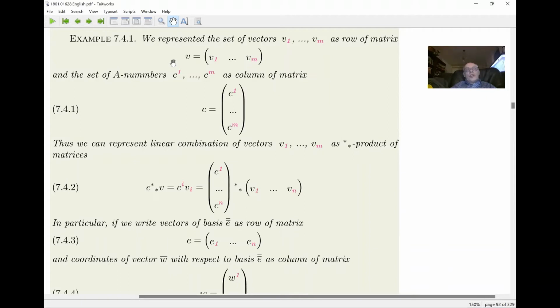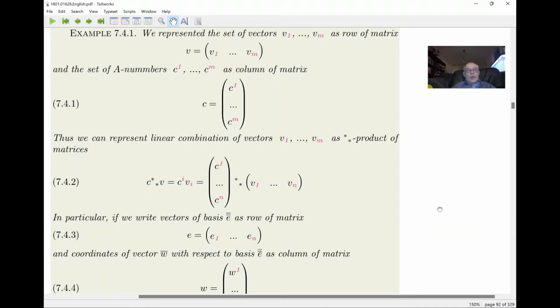Now we consider the left vector space over algebra A. We represent the set of vectors v1, ..., vm as row of matrix V and the set of A numbers c1, ..., cm as column of matrix C. Thus, we can represent linear combination of vectors v1, ..., vm as CR product of matrices 4.2.